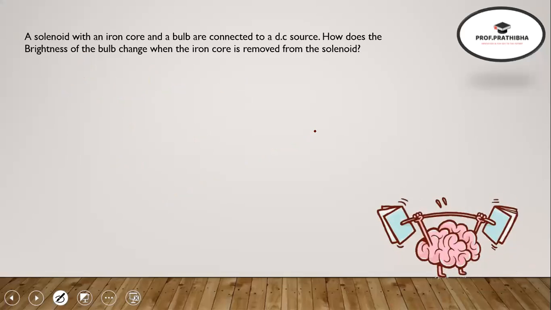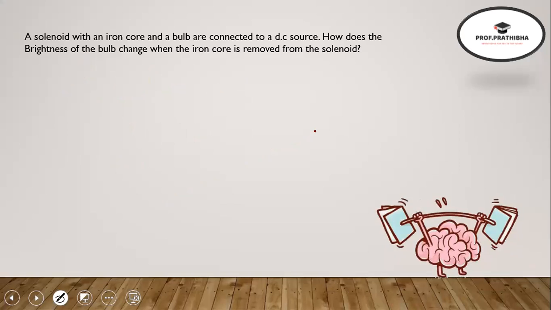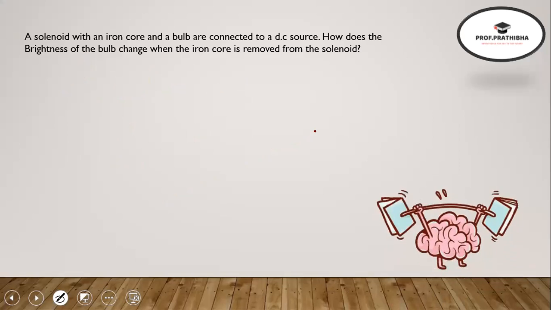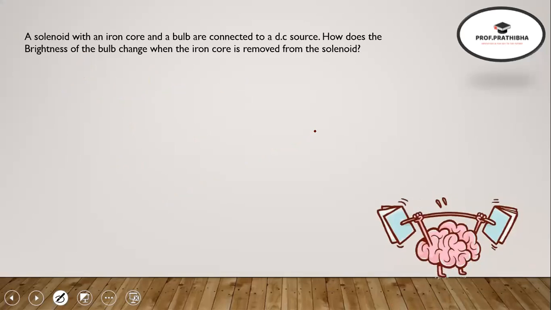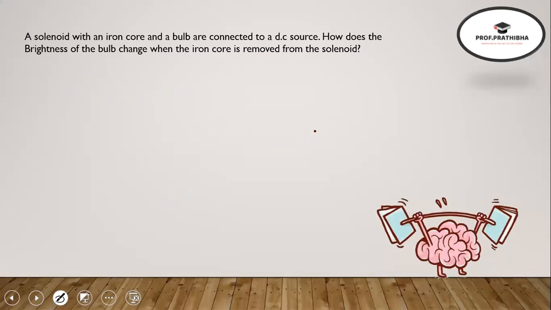Can you answer this question? Now this is a combination of things that we have done. There is a solenoid with an iron core and a bulb connected to a DC source. How does the brightness of the bulb change when the iron core is removed from the solenoid?